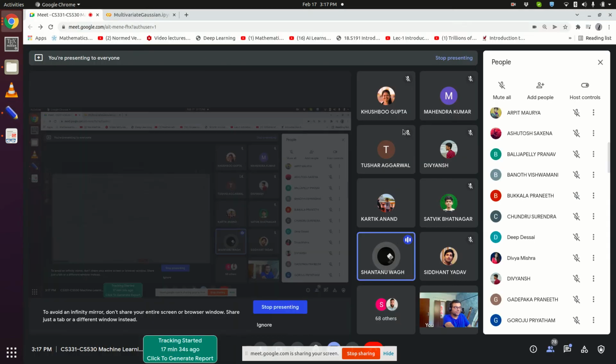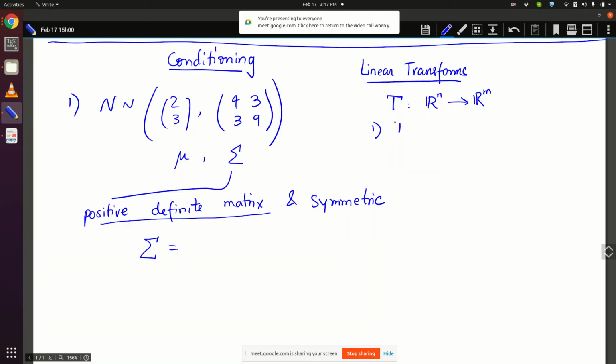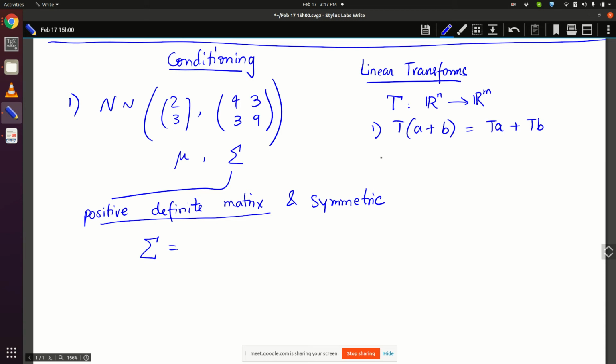Sir, we can say that T of A plus B equals T of A plus T of B, and T of alpha times A equals alpha times T of A. Okay, good. So what are A and B? First of all, A and B are vectors in Rn. Let me explain once again so that everybody understands this correctly.